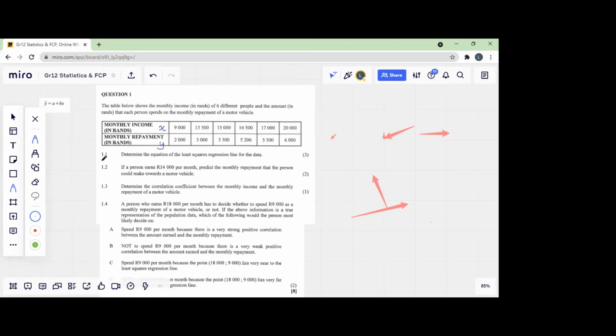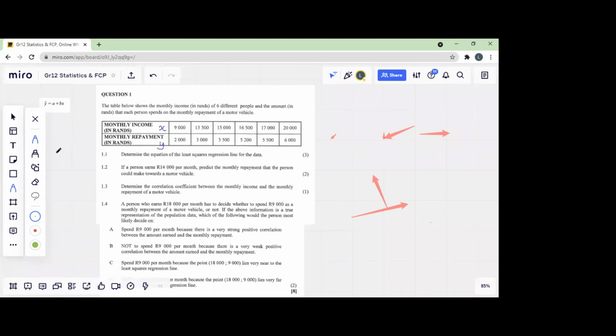So again, can you see typical questions? Determine the equation of the least squares regression line. Then it says if a person earns 14,000 Rand per month, predict the monthly repayment that that person could make towards a new vehicle. What are they asking us to do there? They're asking us to use our least squares regression line and substitute in.